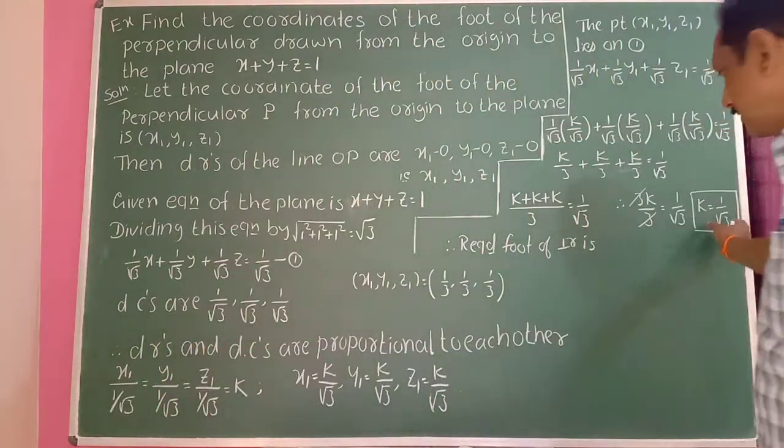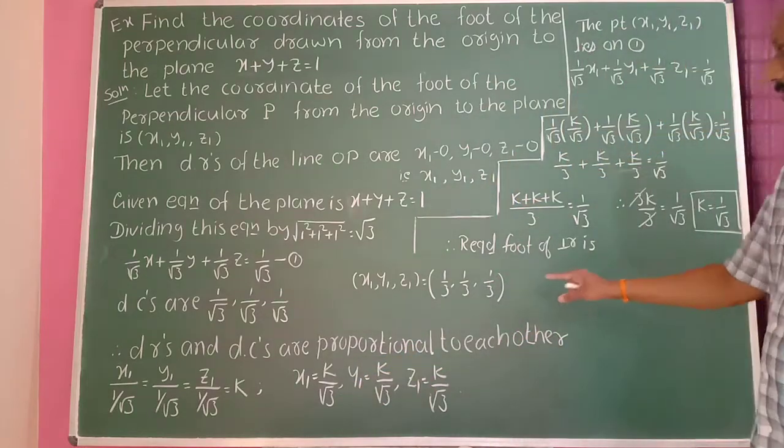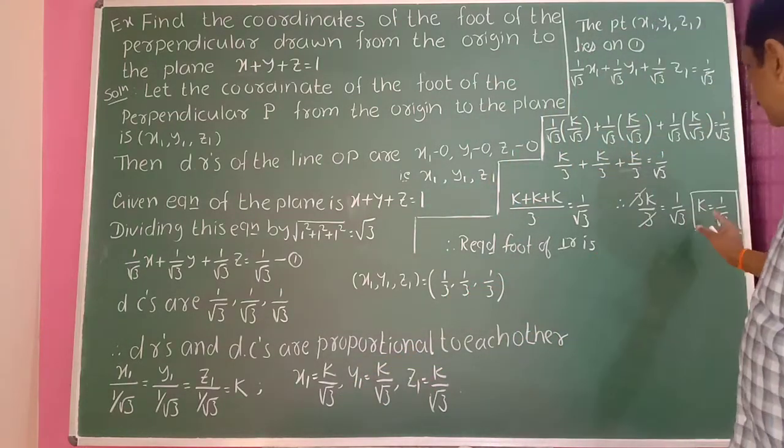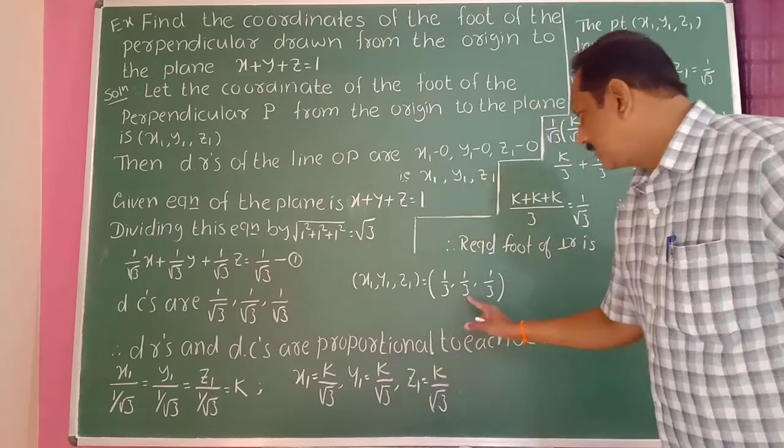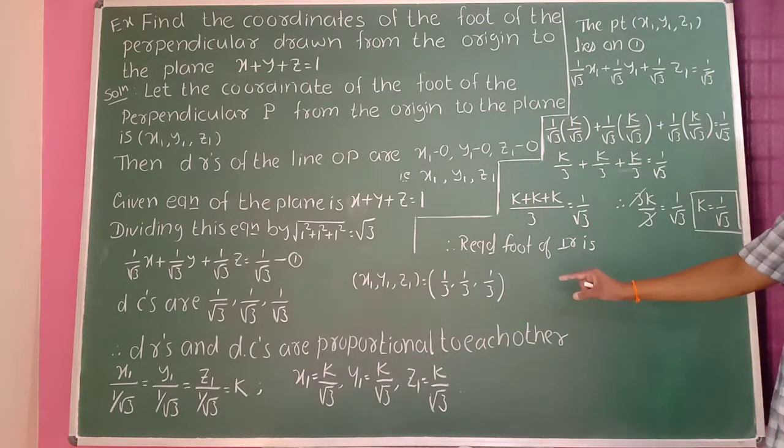Just use this k value: 1 by root 3 into 1 by root 3 gives 1 by 3. Again, replace k here, we get 1 by 3. Therefore, this is the required foot of the perpendicular.